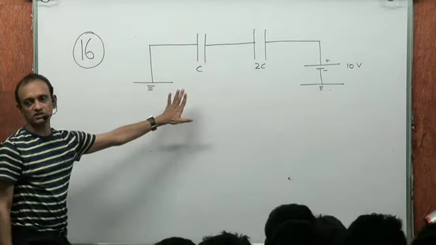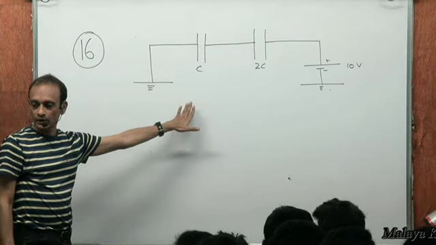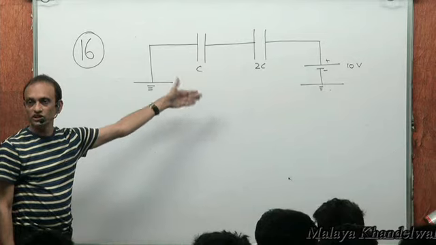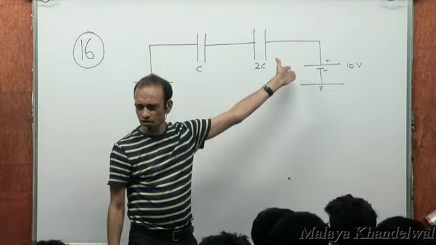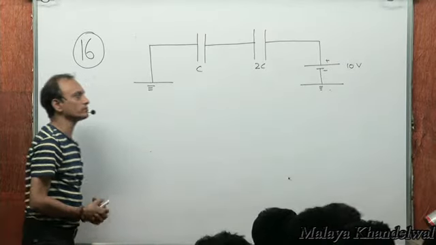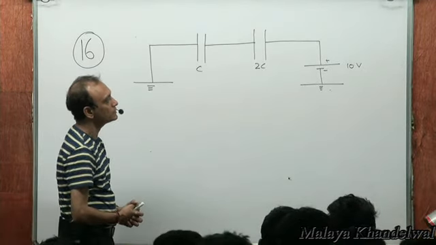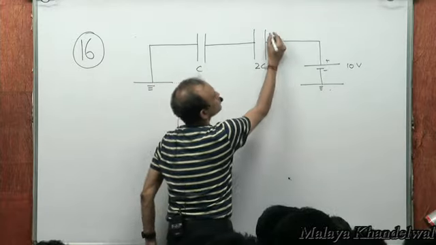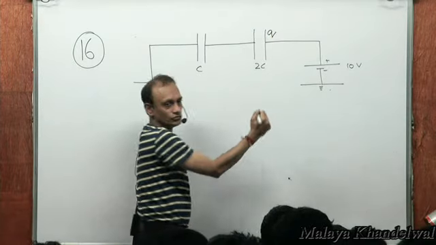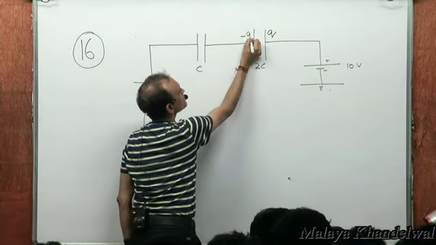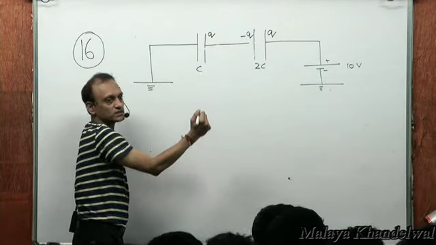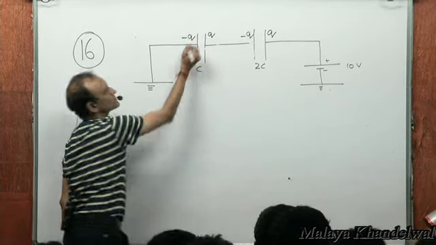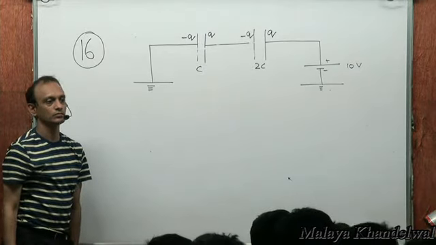So we have a system of capacitors like this, and we need to find the charge on the plates of which capacitor? 2C? C? Okay. Now, evidently, suppose the charge here is Q, charge here would be minus Q. These are electrically isolated and neutral, so this must be net charge 0, so plus Q, and this will be minus Q. Right?